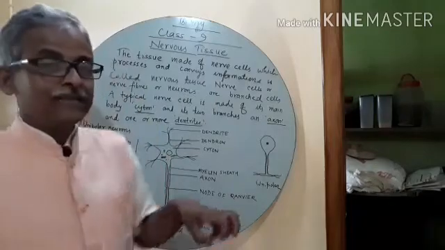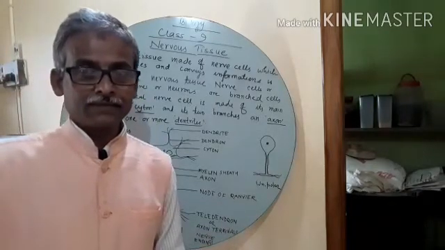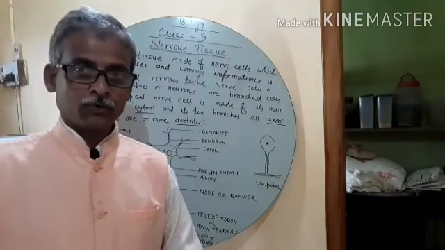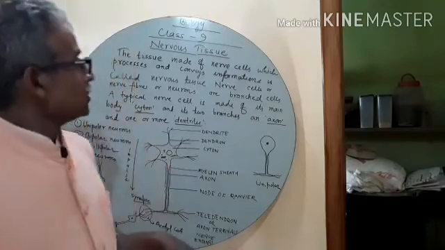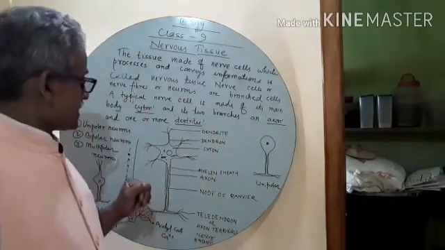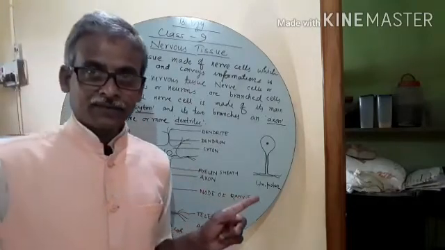We are not feeling the sense, but the problem is present. So this is the nervous tissue, which is made up of three types of nerve cells.